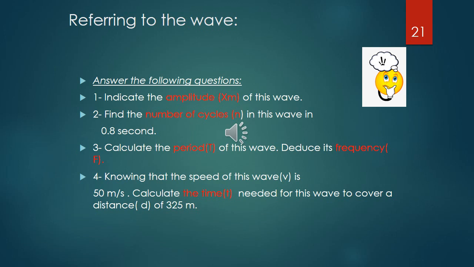Three, calculate the period T of this wave and deduce its frequency f. Four, knowing that the speed of this wave v is 50 meters per second, calculate the time t needed for this wave to cover a distance d of 325 meters.